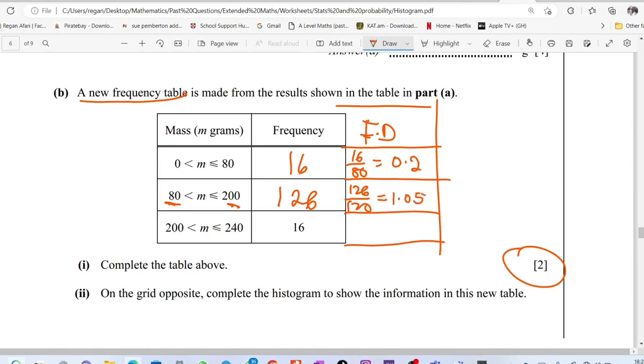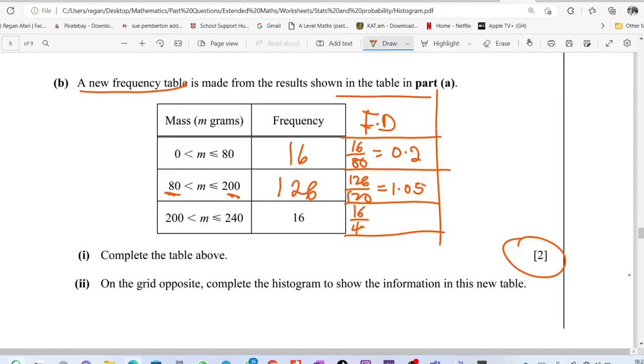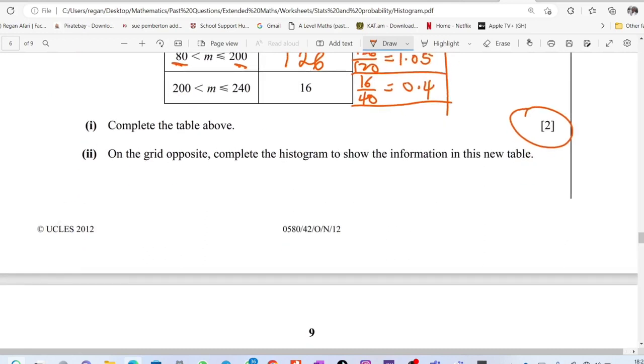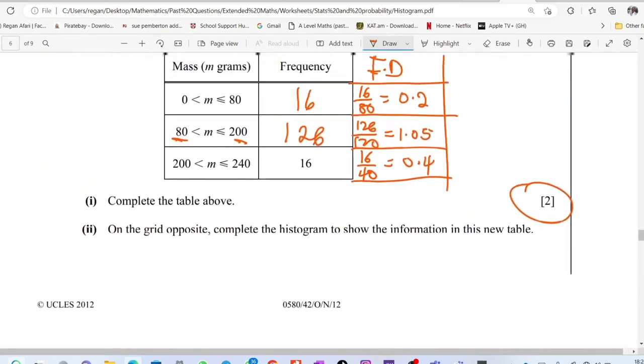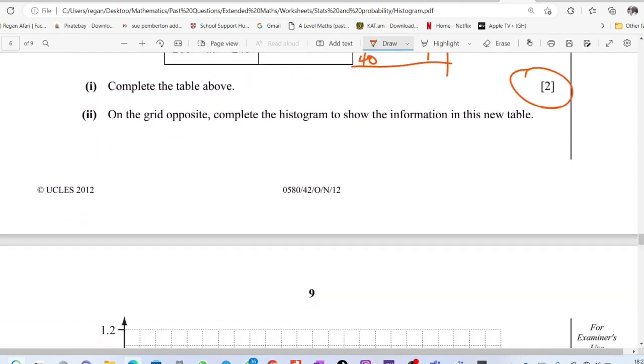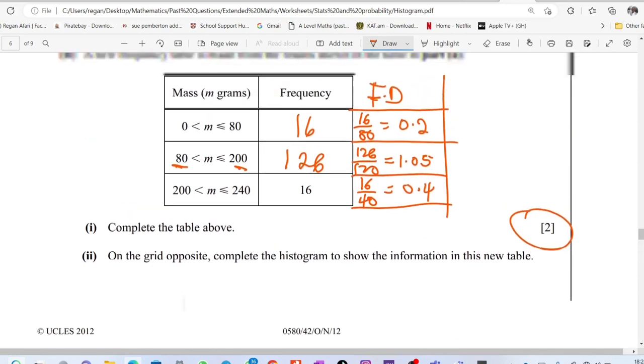So 126 divided by 120 is 1.05. Then we have 16 divided by, this has a gap of 40, 16 by 40, 0.4. So what we're going to do is get this small table with the important things here, so that we can use it to sketch. 0 to 80 had a frequency density of 0.2.